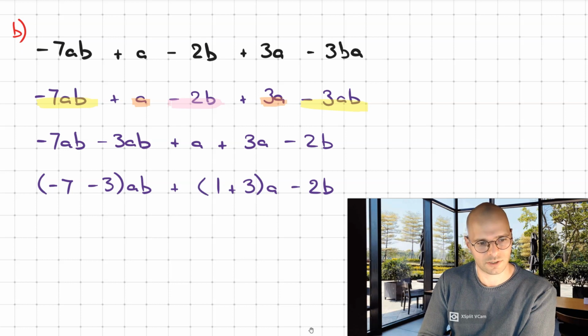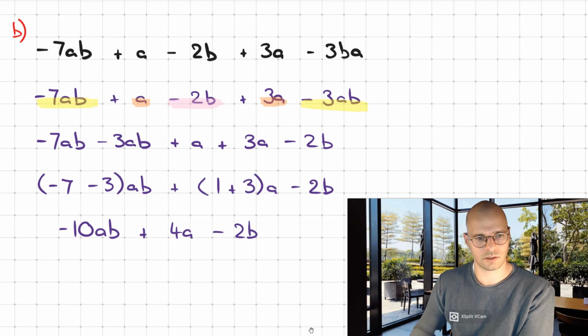Minus 7 take 3 gives me negative 10ab, plus 1 plus 3 is 4a, take 2b. So it can be seen that minus 7ab plus a take 2b plus 3a take 3ba is equivalent to minus 10ab plus 4a take 2b.